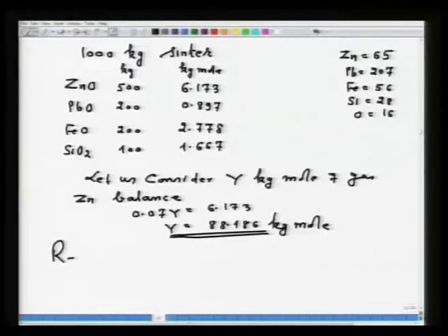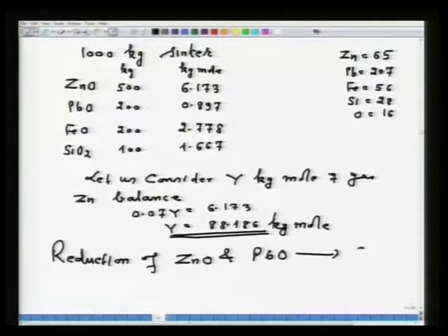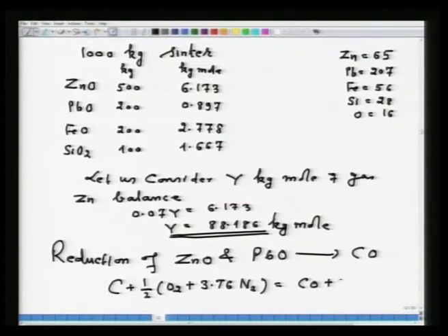So, it is said that reduction of ZnO and PbO occurs by carbon monoxide, and carbon monoxide is being produced by C plus half O2 plus 3.76 N2 equals CO plus 1.88 N2.